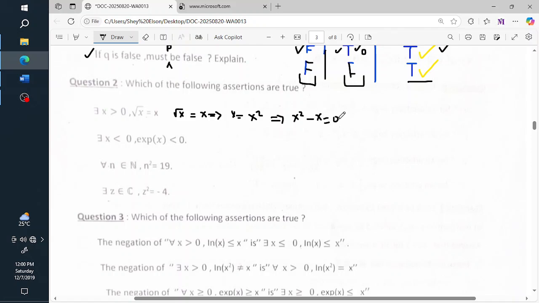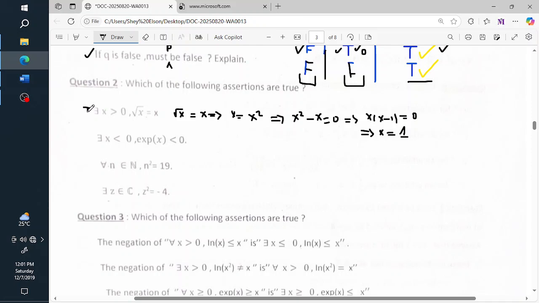If I factorize x, I get x times (x minus 1) equal to 0. Since x is greater than 0, x cannot be equal to 0, so I just have x minus 1 equal to 0, and x gives me 1. So definitely this assertion is true.